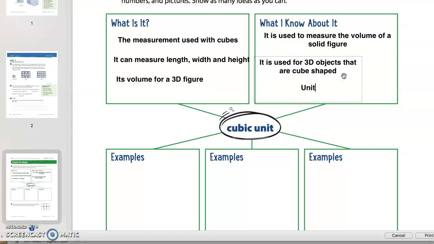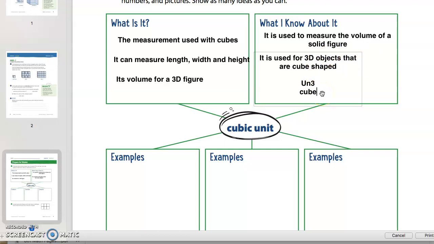And it looks like this, units cubed. Oh, 3. Try to get my 3 to be smaller, but if you can't, think of it as a very small 3. Units cubed, right? Or cubed units. You can write either way. So I can say 5 units cubed or 5 cubed units.